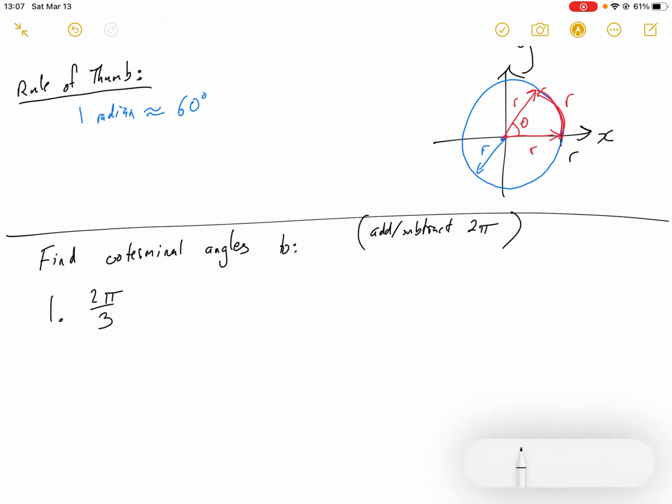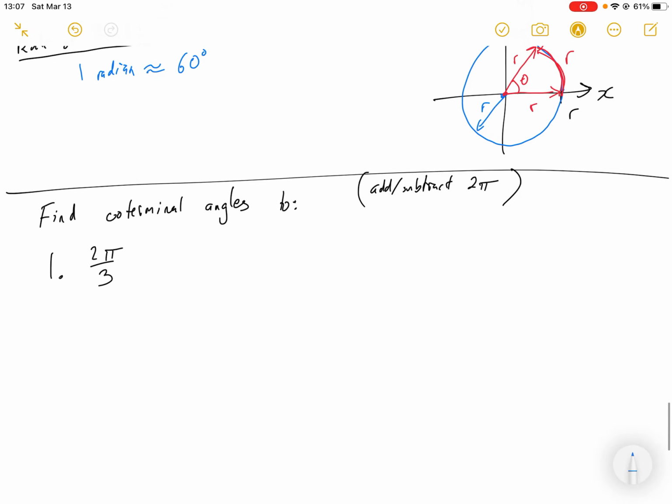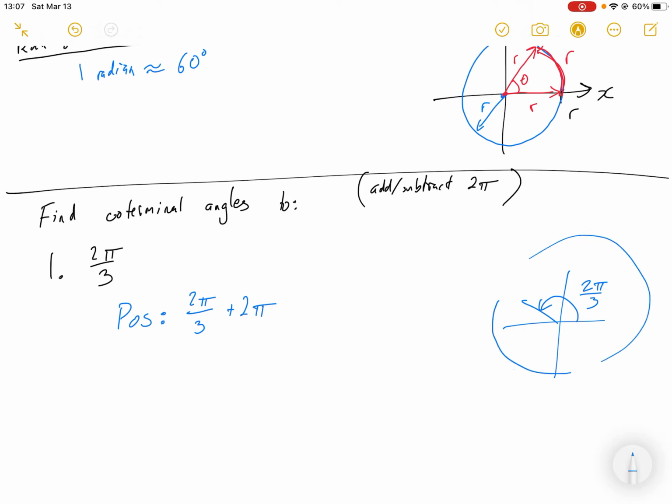So if I want to find one positive and one negative, which often happens, in this problem I'm not really specifying because I just want to talk about coterminal. But let's say I want to find a positive angle that is coterminal. I could take my 2 pi over 3. You can always just double check where this is by converting it if you want. But then I would add 2 pi to it, which means I've gone around my circle 1 full rotation.